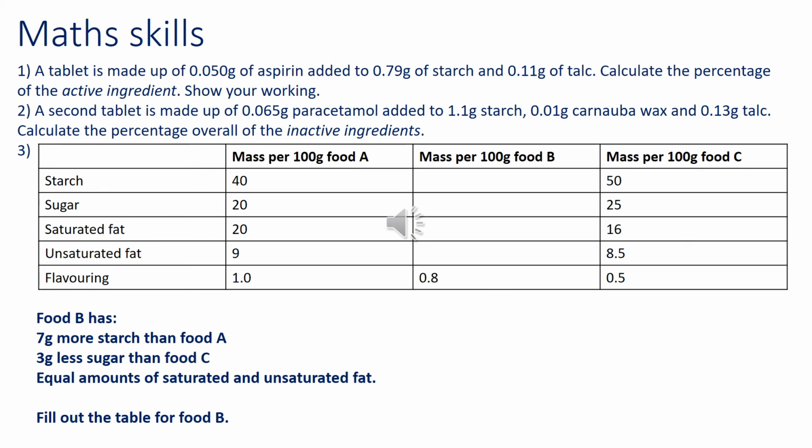So you need to fill out the table for food B based on the information provided on the table and also the statement given. You can pause the video now and try to work out the answers, and then you can double check your work on the next slide.